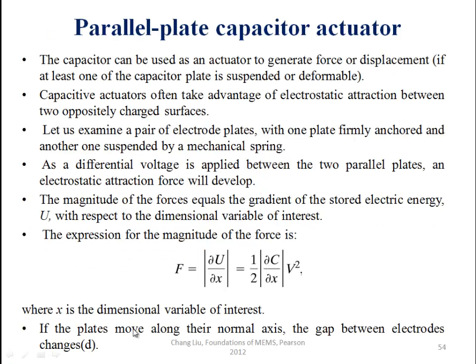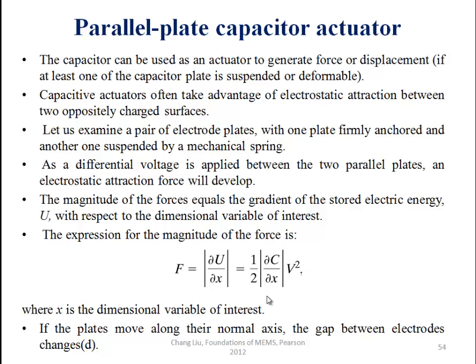So we can write the equation as F is equal to dou U by dou x. That means U can be written as half CV square. So the equation is half into dou C by dou x into V square, where x is the dimensional variable of interest, and this dimensional variable of interest will vary depending upon the direction of movement.